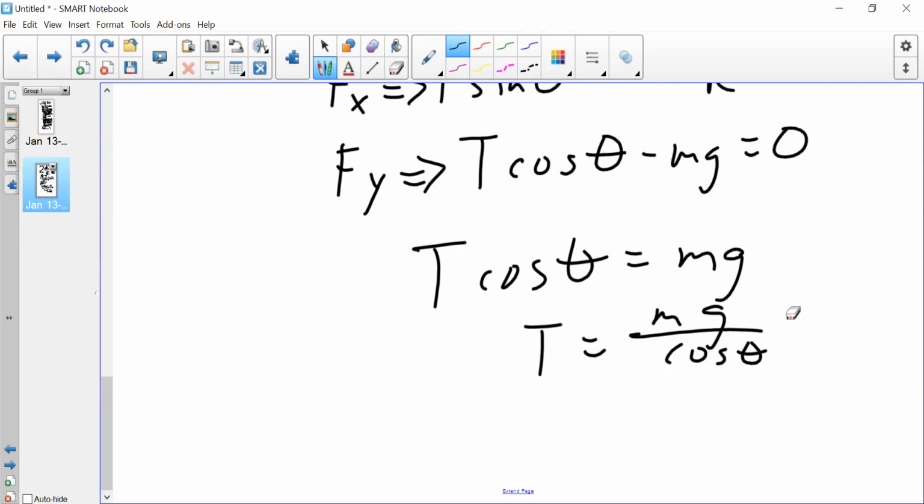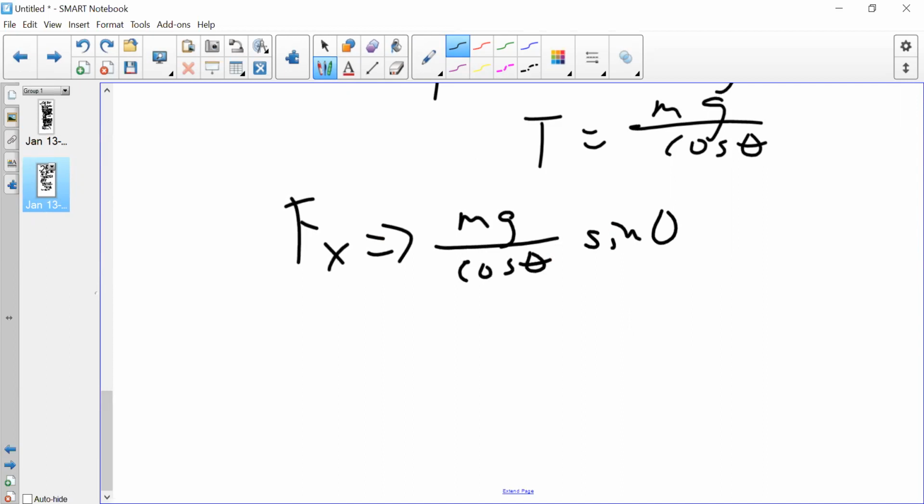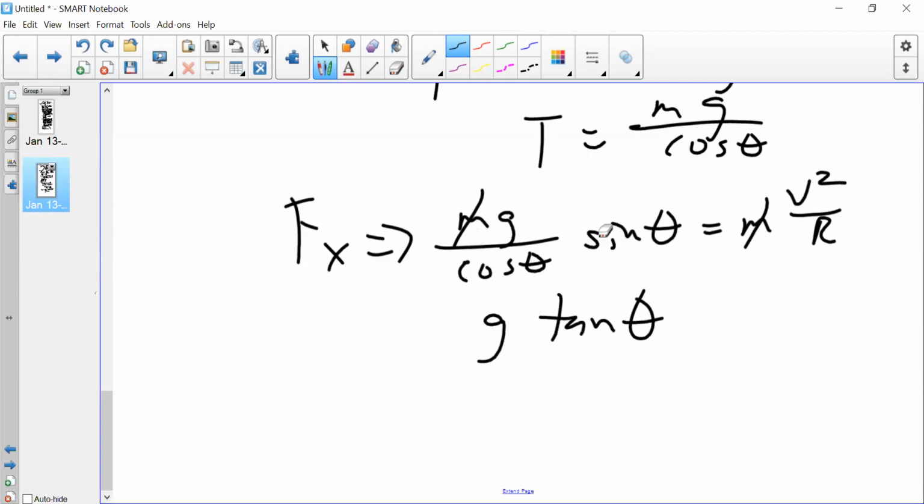Okay, so T is equal to mg over cosine theta. And that means we have mg over cosine theta times sine theta equals mv squared over r. That becomes g tangent theta. I'm not going too fast. Sine over cosine. And then solve for v.